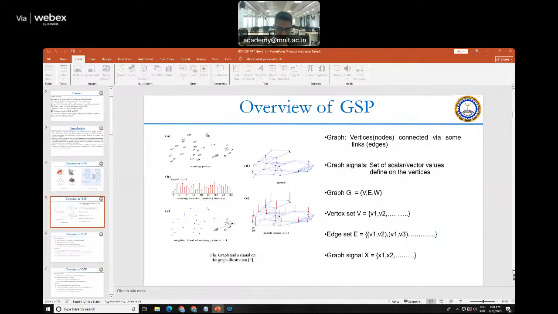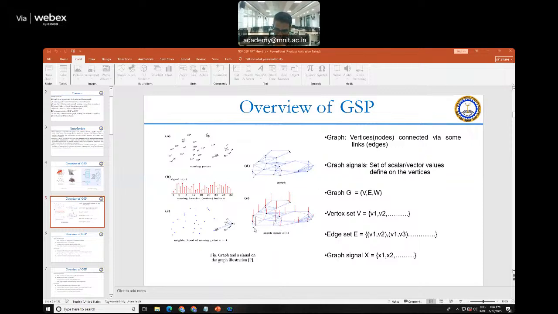See, are you able to see these points, these black points? Sensors are vertices, correct?